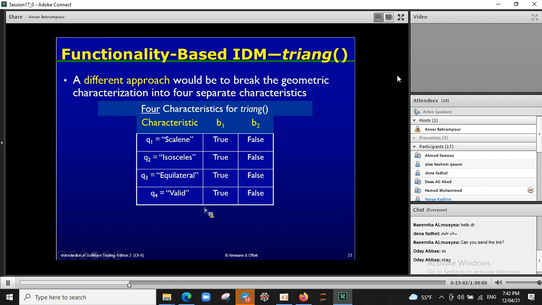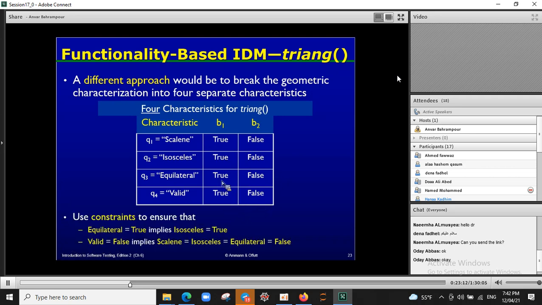For each of these characteristics, we have 2 blocks. So to test according to this partitioning, we have 8 blocks.